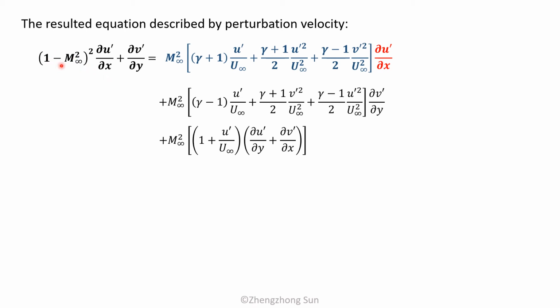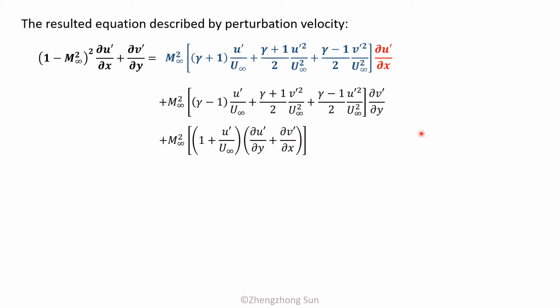So the coefficient is 1 minus M infinity squared, and the second is just 1. But on the right-hand side, it's a bit complicated. But if we address each term progressively, we will see a better solution.